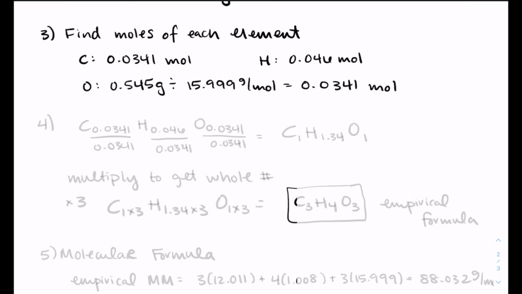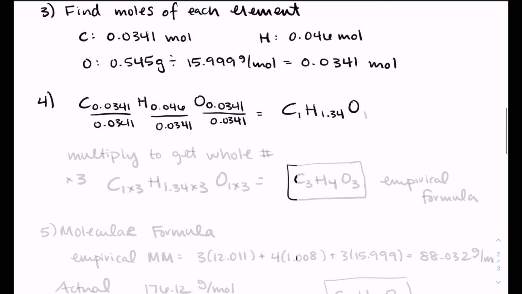And what this gives me in my preliminary formula is carbon with 1 as its subscript, hydrogen with 1.34, so not a whole number, we're going to have to do something there, and oxygen with 1. So this is a case, I told you we would get to one, where you have to also apply the multiply to get a whole number step.